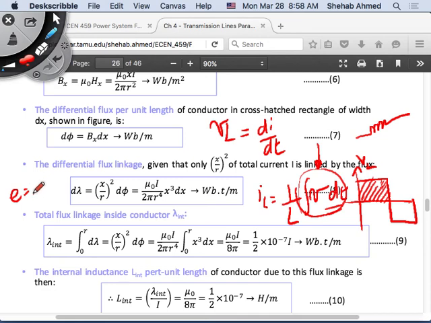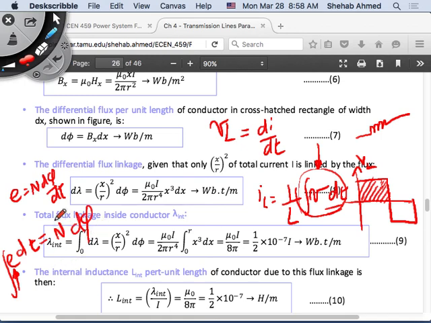Remember this equation, E equals n d phi by dt? Bring the dt over, so E dt is voltage, and the integration of voltage is equal to n, the number of turns, multiplied by the flux.